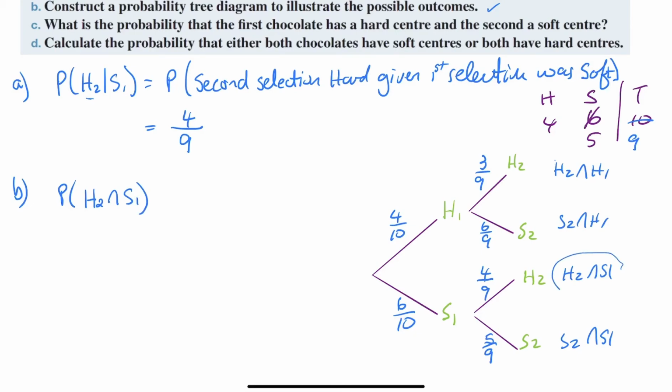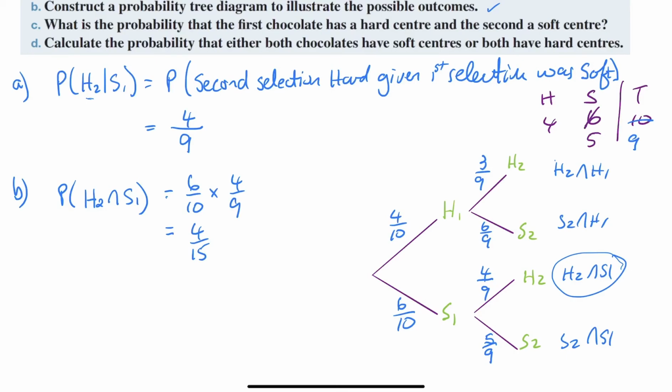We're looking at this outcome. For that path, and remember, and is multiplication, so that will give us 6 over 10 multiplied by 4 over 9, which gives a total of 4 over 15. If a calculator is allowed, you can just use your calculator to calculate that.